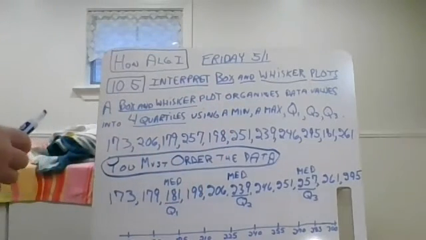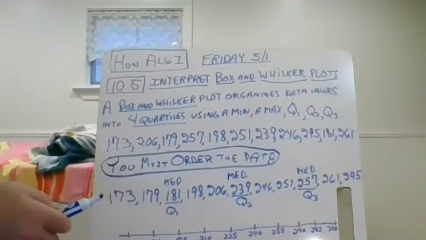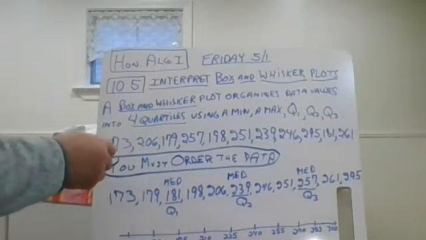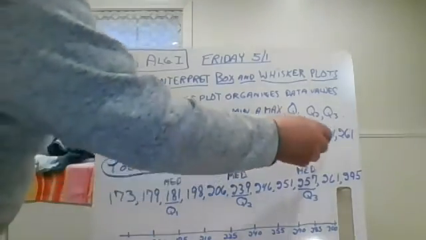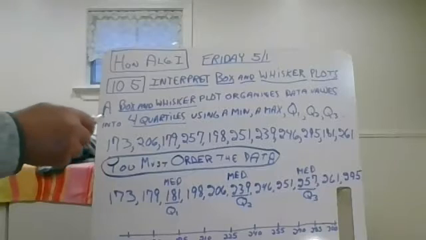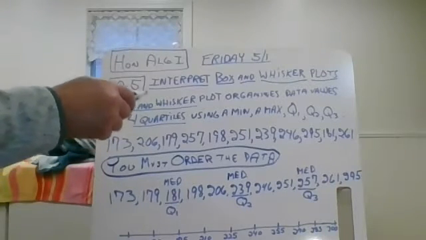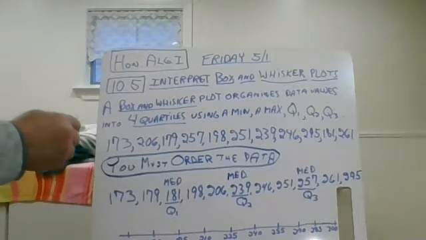All right, so here's an example. I'll read these to you so you can write them down. We have 11 data values. These are the number of seconds of a song. And we're going to come up with this box and whisker plot.